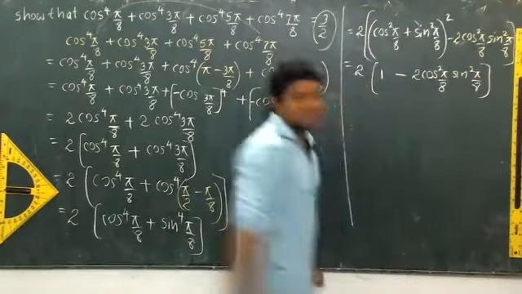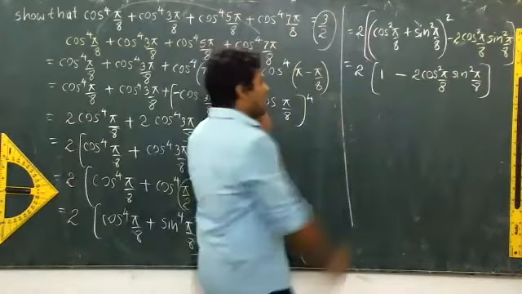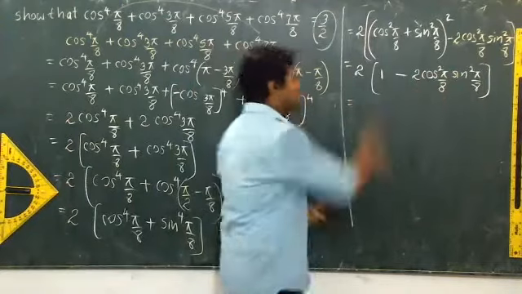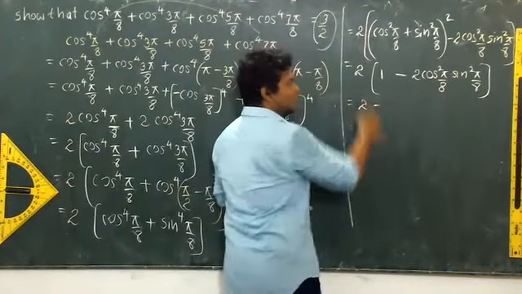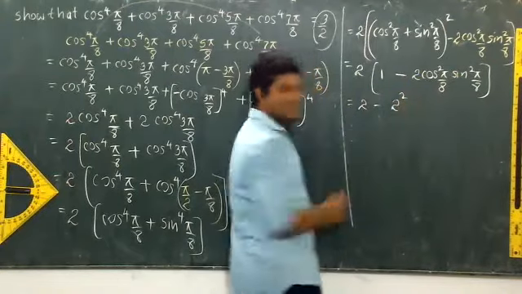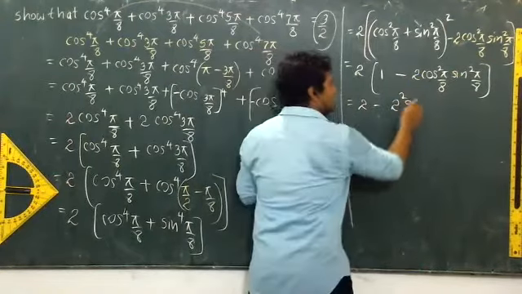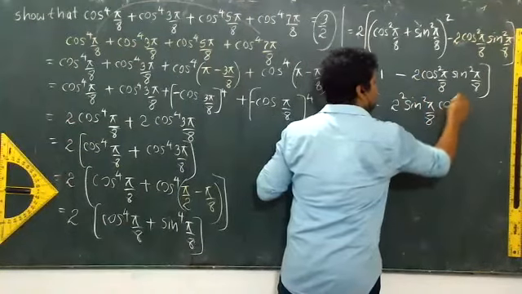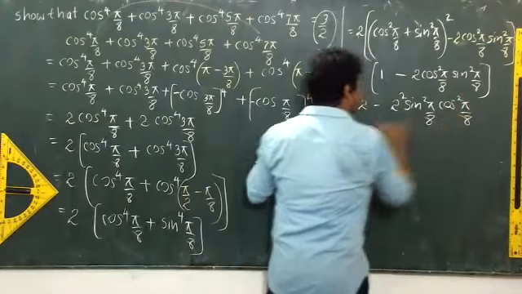Okay, how to do this? Now I will remove the brackets because I have a strategy. 2 into 1, 2. Can you see that? 2 into 2, 4. I don't write 4. I'm writing 2 to the power 2. I'm changing the terms sine square 5π/8 and cos square 5π/8.